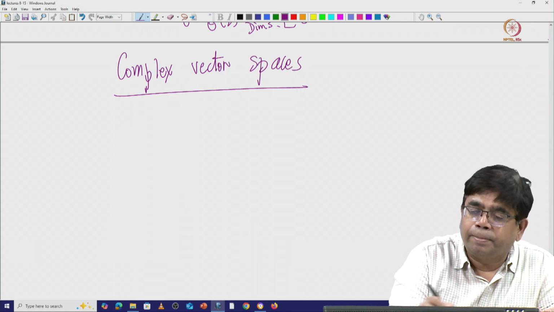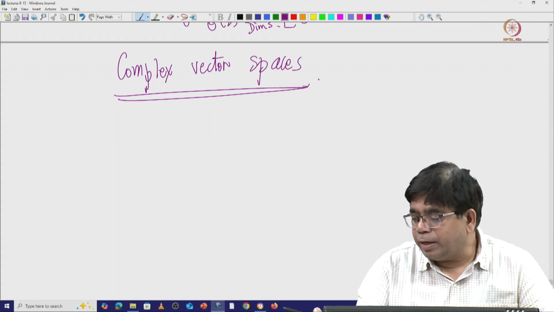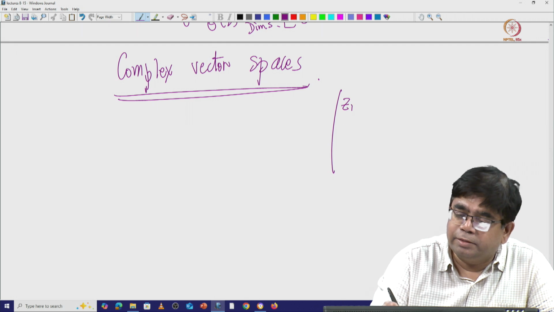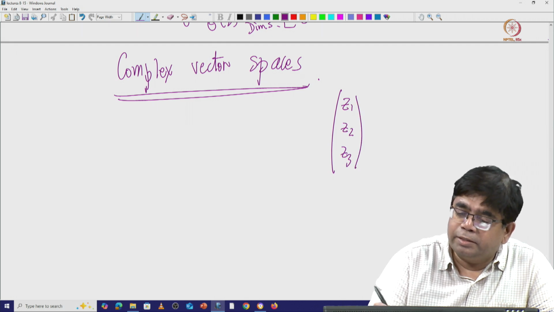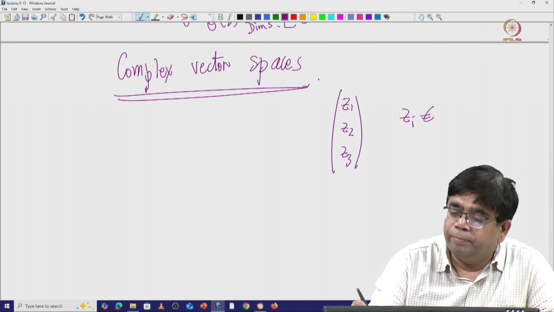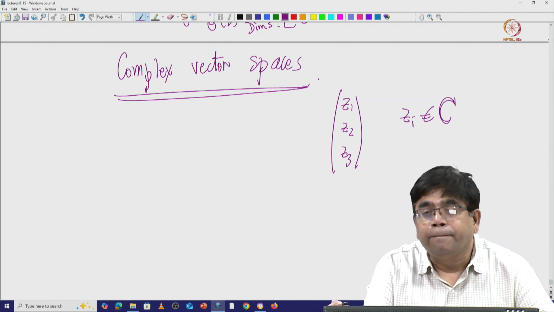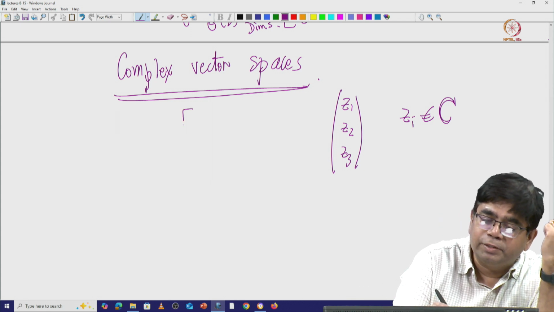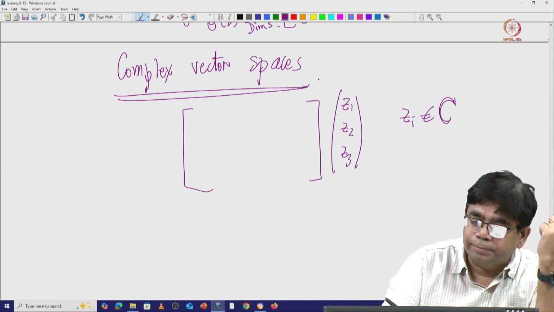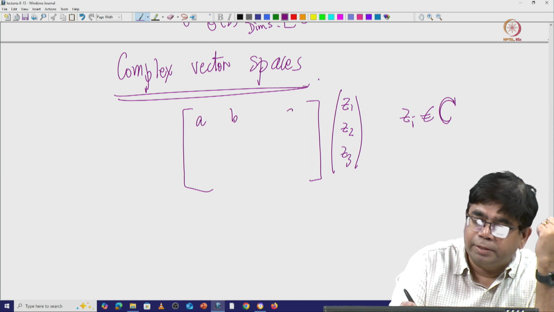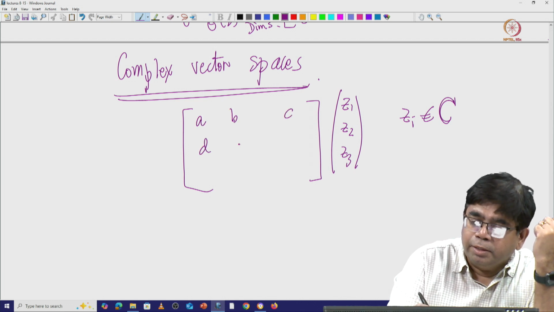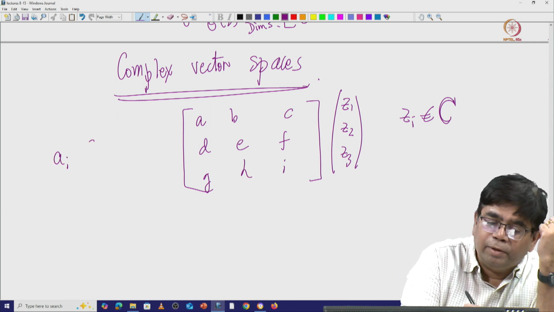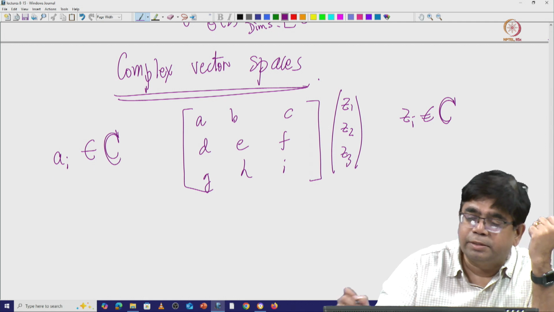Suppose instead of a real vector space x, y, z, you have z1, z2, z3, where zi belong to the complex numbers C. Then you need complex matrices multiplying this: A, B, C, F, G, H, I, where A to I belong to the complex numbers.